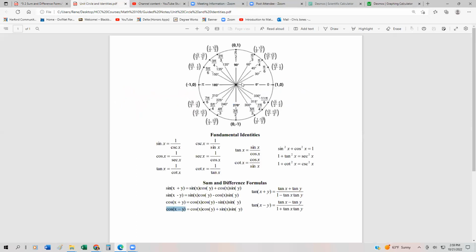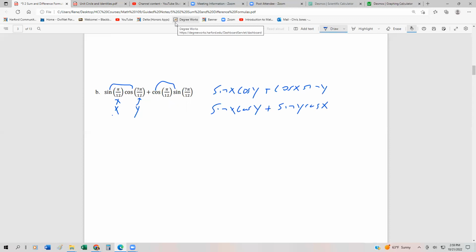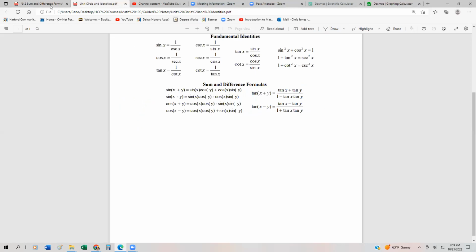So if we take a look, we notice that we have sine x cos y and then cos x sine y. And that's equal to sine of x plus y. Again, sine cos plus cos sine gives us exactly this one, which is equal to the sine of x plus y.